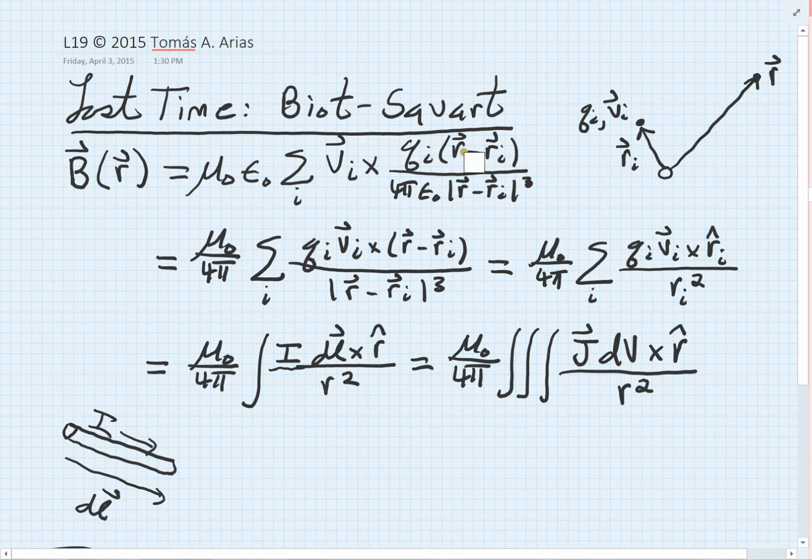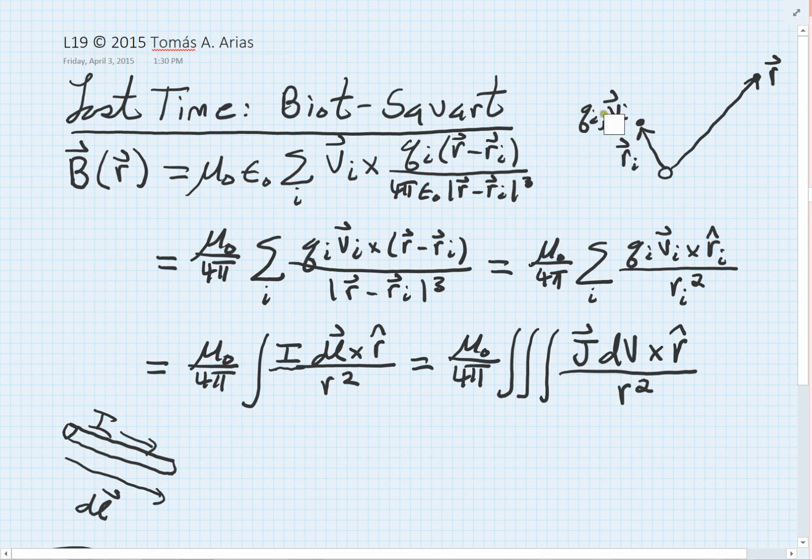Here what you see is your standard result for Coulomb's law. Over here on the right, I'm reviewing with you the geometry. We're imagining some origin here, indicated with an O. The point where we're trying to calculate our magnetic field is the point R, represented by a vector R. We are summing the contributions from a whole series of charges labeled by I, each of which contribute to the field at location R. The variables refer to each charge I. The vector R sub I tells you the location of the given charge.